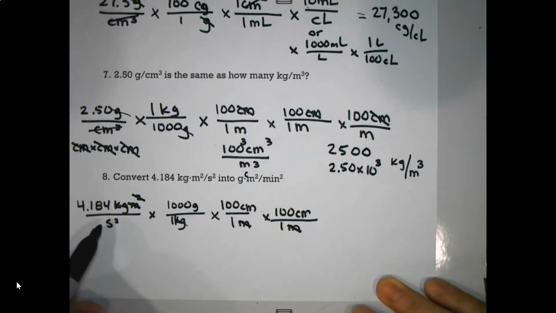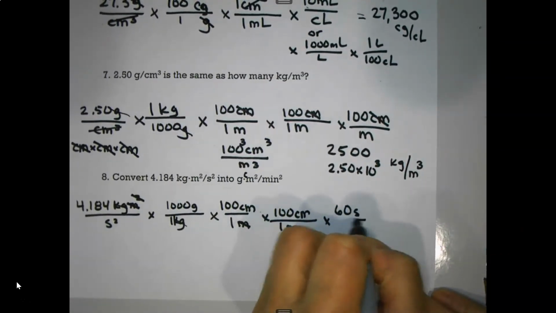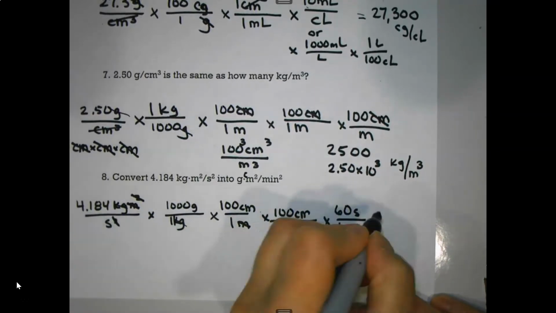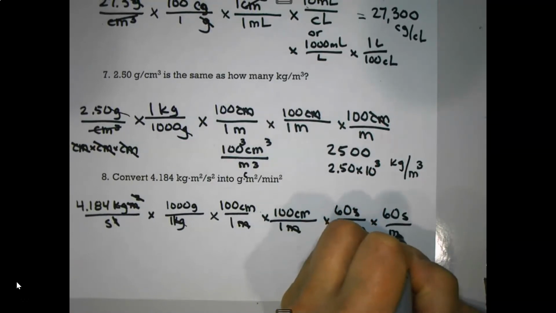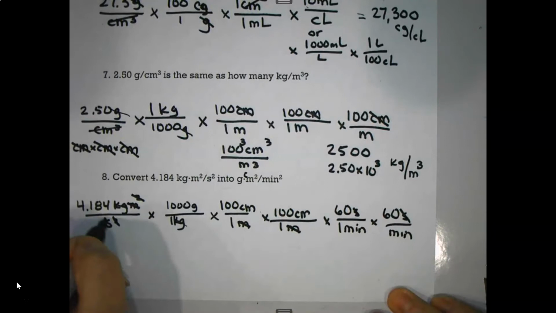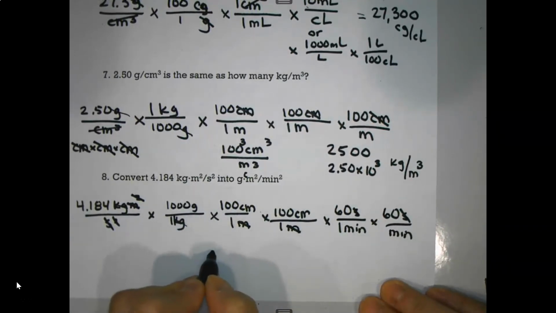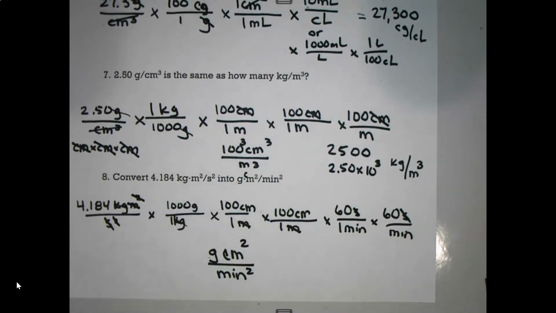Seconds squared is on the bottom, so I put seconds up here, but they're squared again, so I have to do it a second time, which gets me to minutes squared. So my units are going to be grams centimeters squared per minute squared. Now I just have to do the math.